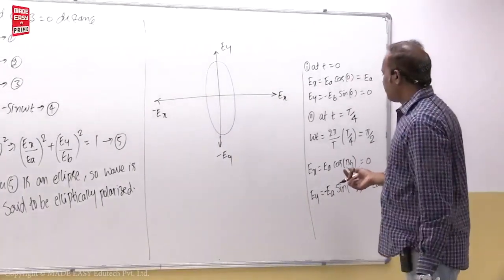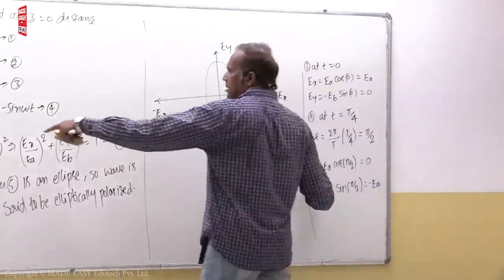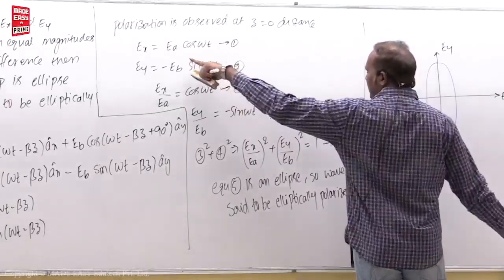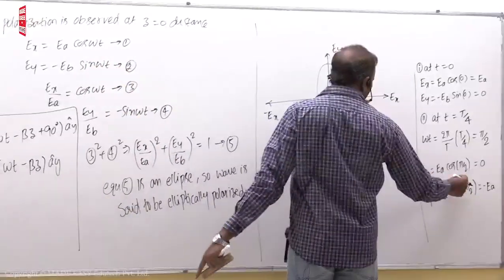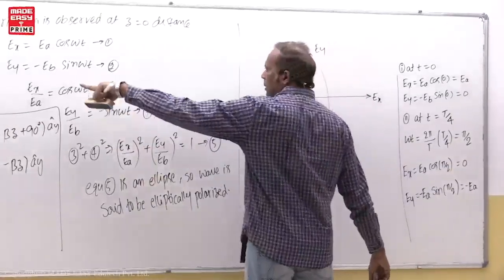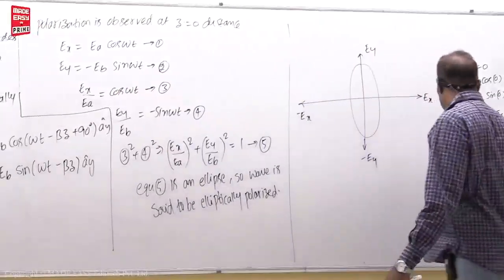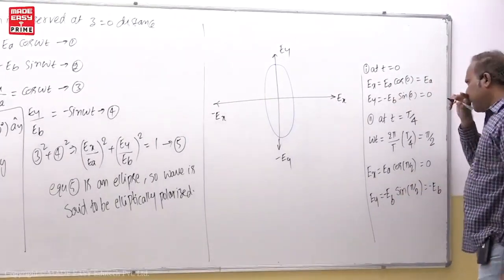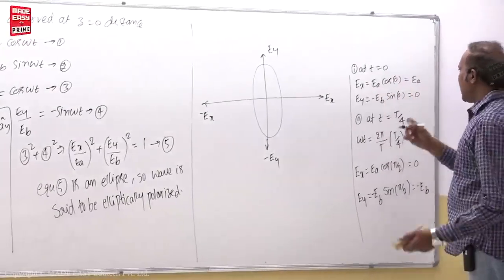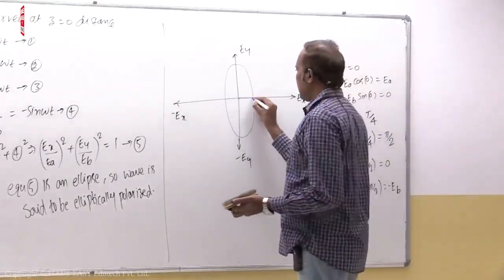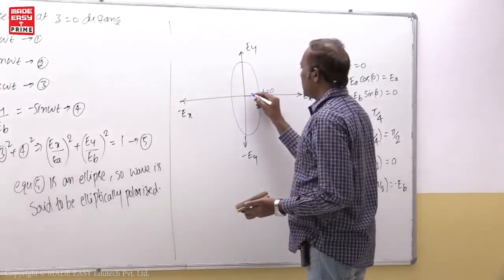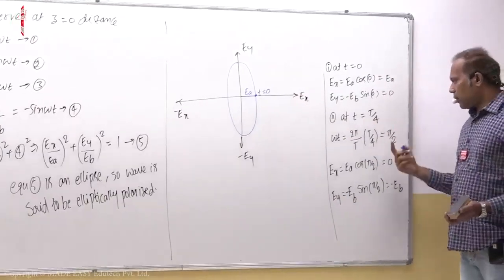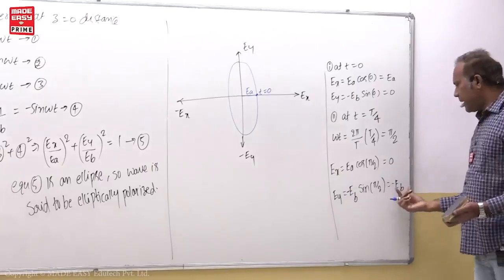In equation 1 you substitute: Ex is EA into cos pi by 2, 0 you get. Ey is minus EB into sin pi by 2, you get minus EB. So at time t equal to 0, Ex is having only EA here, Ex is equal to EA. And at time T by 4, Ex is 0, Ey is minus EB.